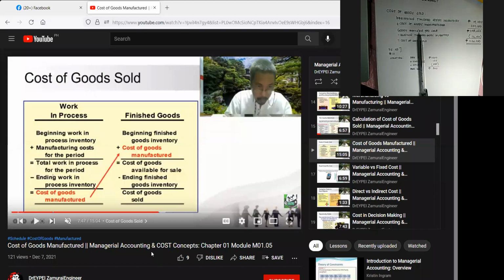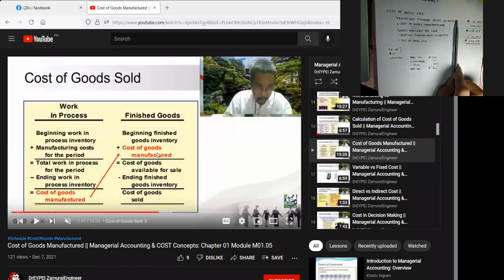So the same explanation here. You have cost of goods manufactured. So as I am telling you, the income statement is a complex report which involves cost of goods sold. And doing the cost of goods sold would involve these things.